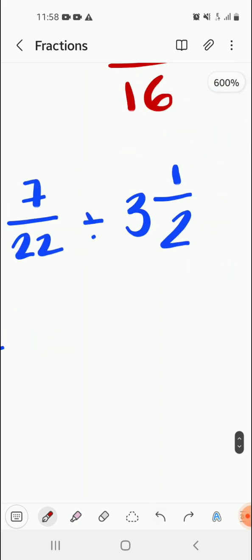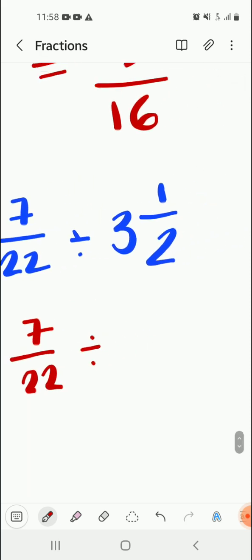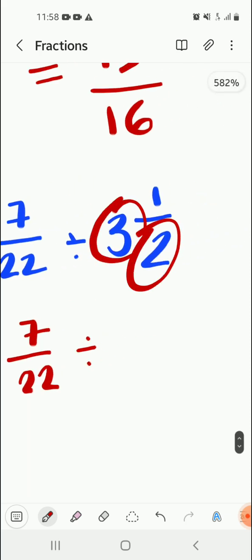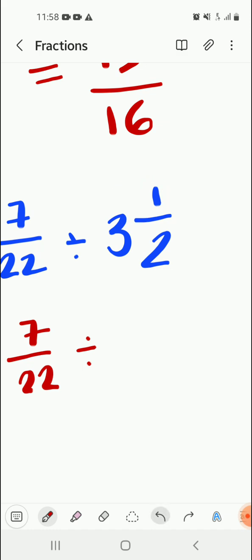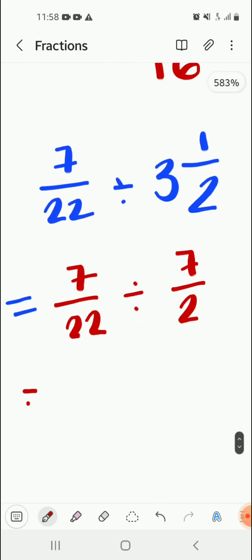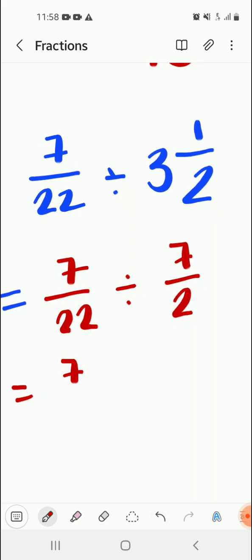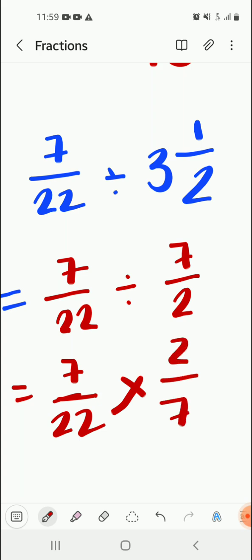So 7 by 22, write it as it is, divided by 3 into 2 is 6 plus 1, 7 by 2. Next step, we are going to solve this sum. 7 by 22, copy it as it is. Use the multiplication sign instead of division. And use the reciprocal of 7 by 2 and write 2 by 7.